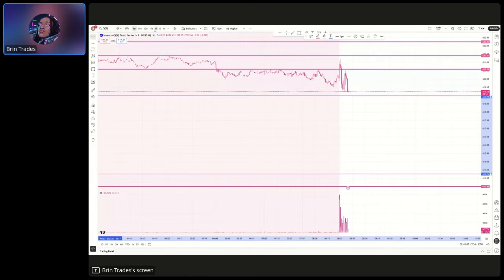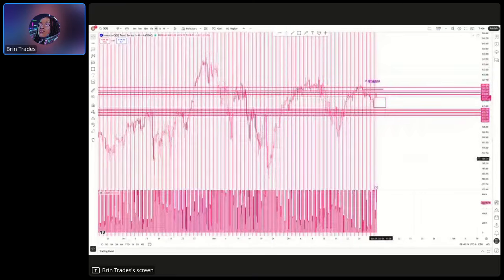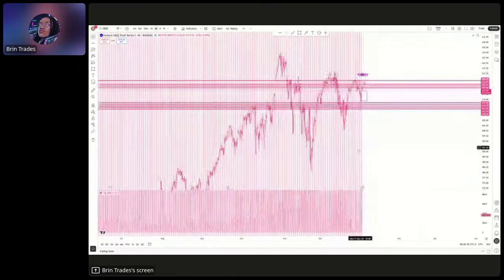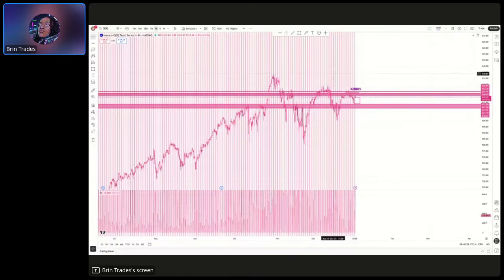Let's look at the market trend in general. So it looks like we had a change of character, sort of, kind of. There's a break of structure here. So price might be heading to the downside while approaching these all-time highs.